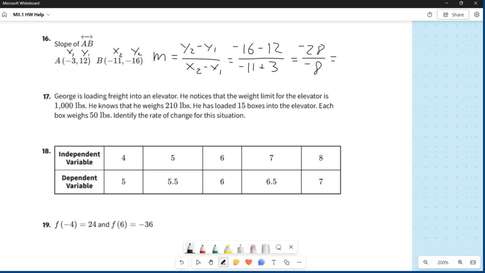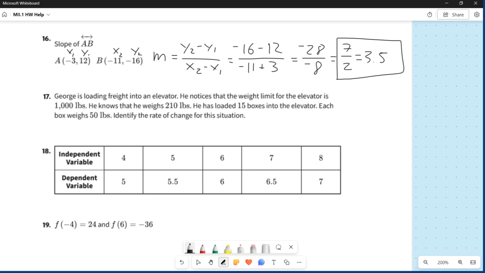Also, if you want to reduce this fraction, both 28 and 8 have a common factor of 4, which means this does reduce to 7 over 2. That would really be the ideal way of expressing this slope, 7 over 2. You could also express it as a decimal of 3.5. So really, your final answer for 16 should either be 7 halves or 3.5.